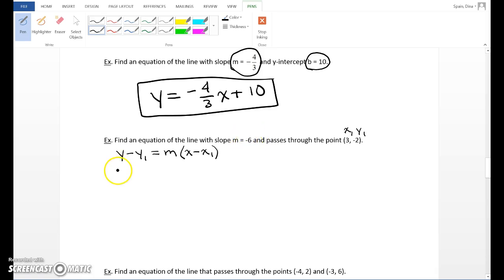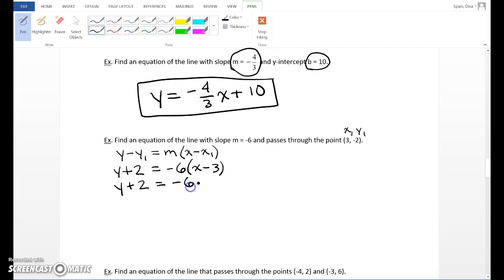So you just plug those in. y minus -2. Notice when I say minus a negative, I change it to plus. My slope is -6. And I've got x minus 3. There's my x1, there's my y1. So here's my equation. You don't want to leave your answer in that form. You want to write your answer in slope-intercept form.